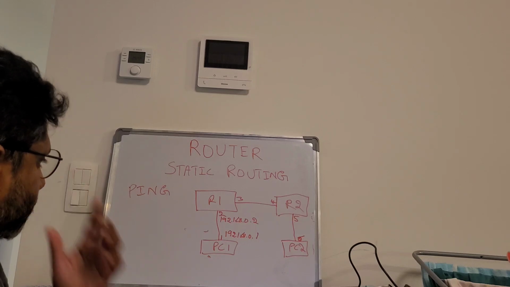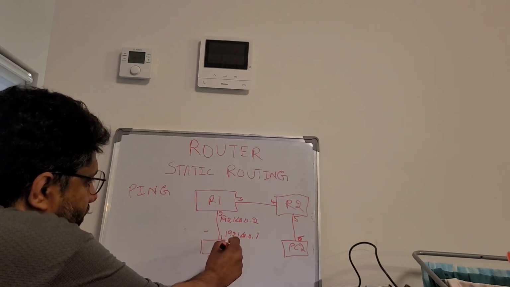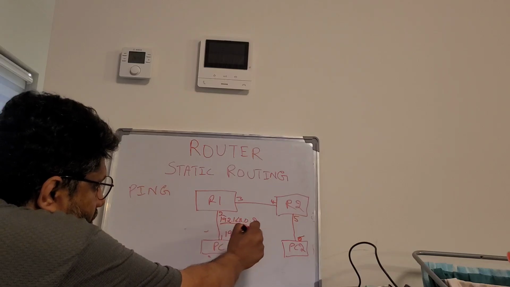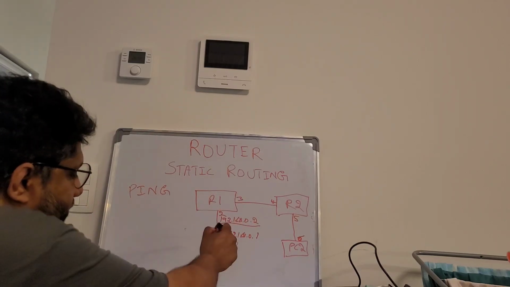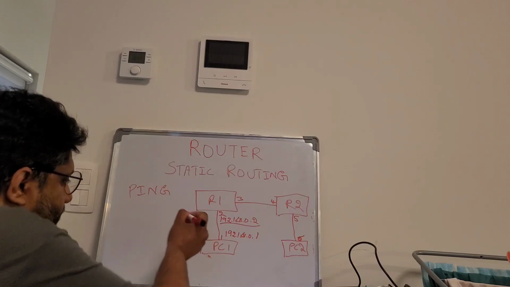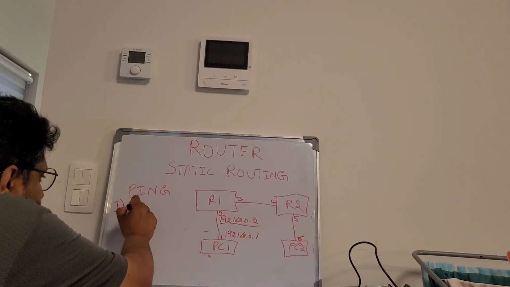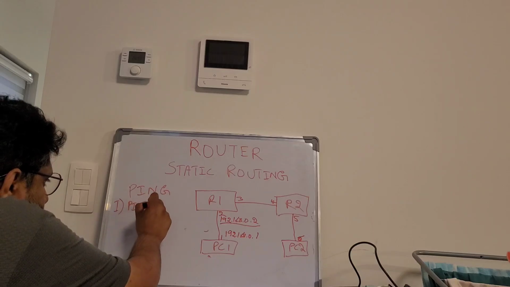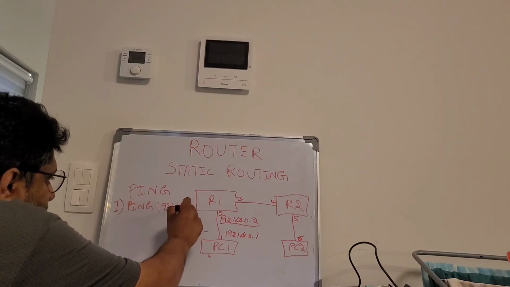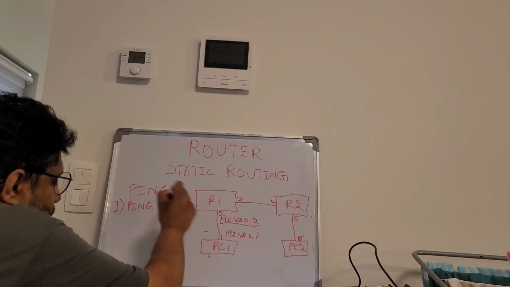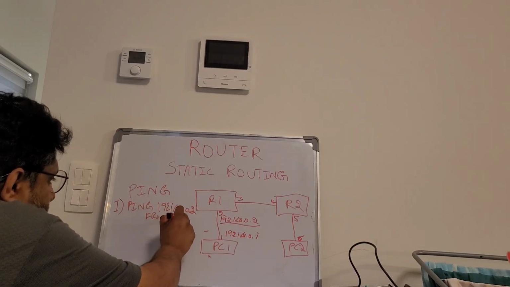So we'll ping 192.168.0.2 from PC1, since it's the default router.